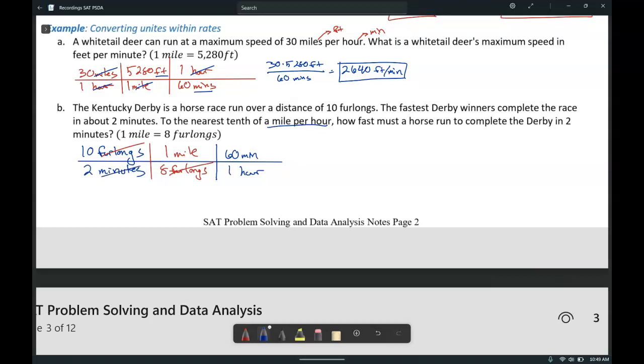So our minutes cancels with minutes, and we can just go ahead and multiply our numerators and our denominators. So 10 times 60 over 2 times 8 gives us 600 over 16, which when rounded to the nearest tenth of a mile per hour, we're left with 37.5 miles per hour.